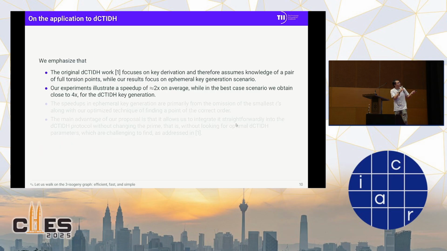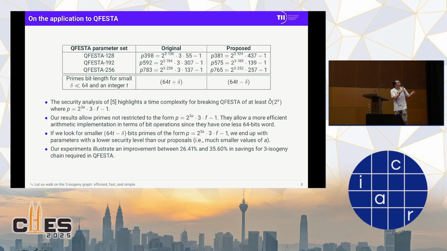Yeah, for example, in QFesta, initially we focused on QFesta, and in this case p+1 is smooth. But they always require computing this, let's say, long chain of isogenies of degree 3. In that case, you cannot avoid computing the isogeny without calculating Q groups.